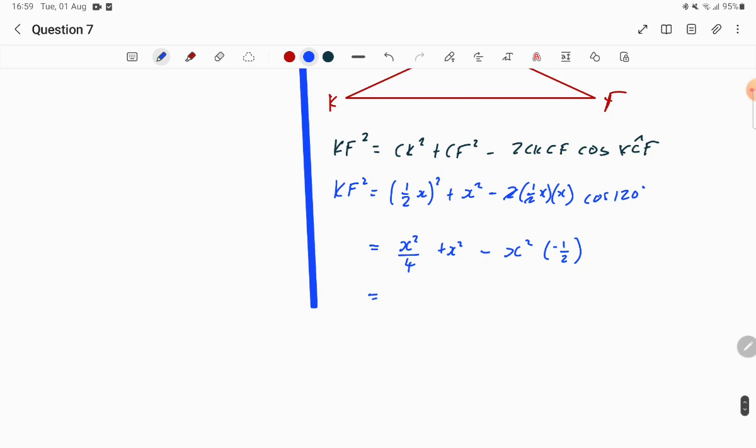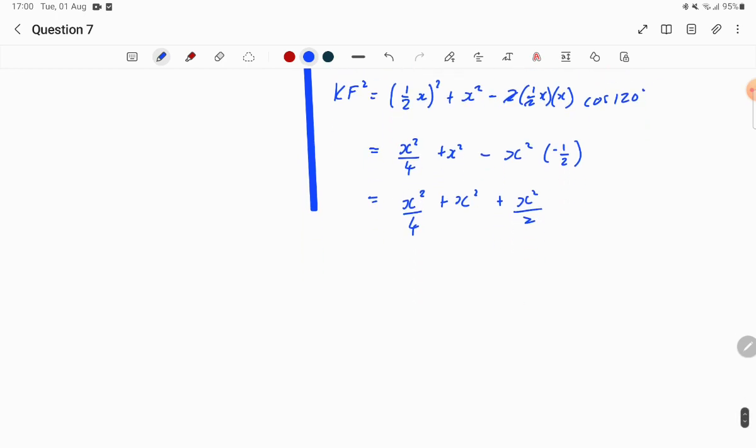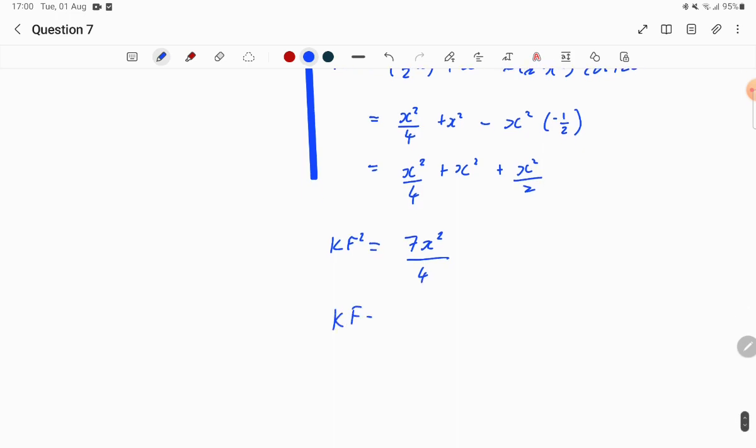So we end up with x squared over 4 plus x squared plus x squared over 2, because the minus and the minus becomes a positive. Then our final answer for KF squared is 7x squared divided by 4. If we square root both sides, we get KF is root 7x all over 2.